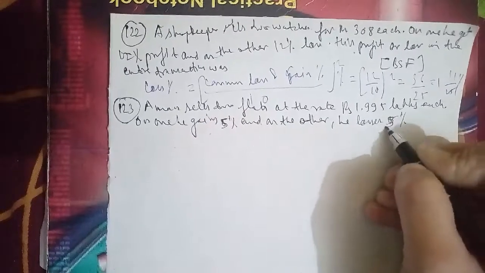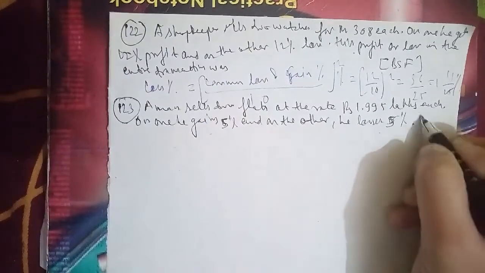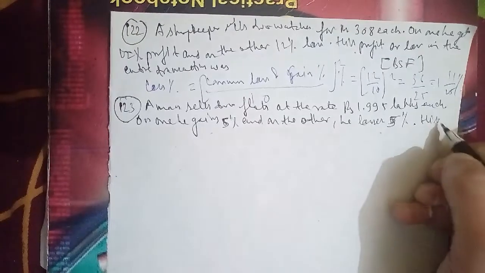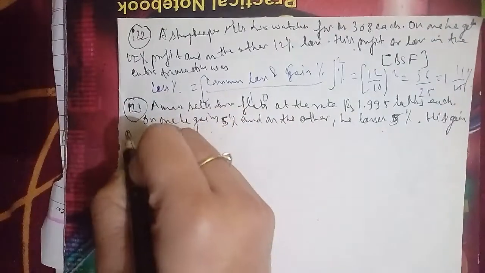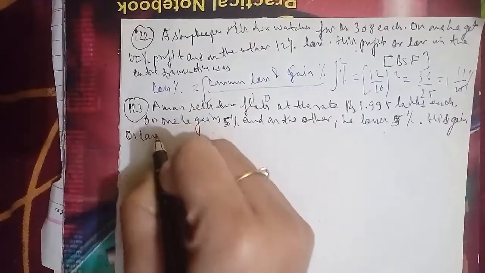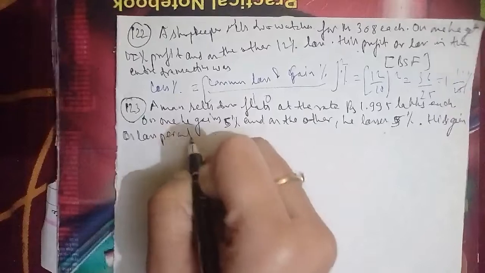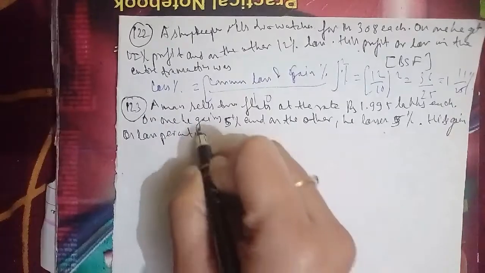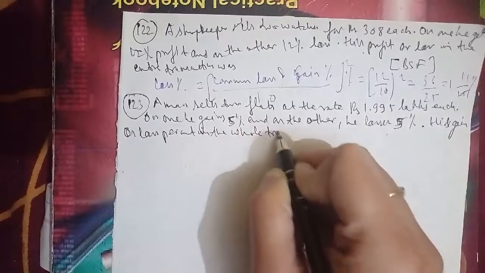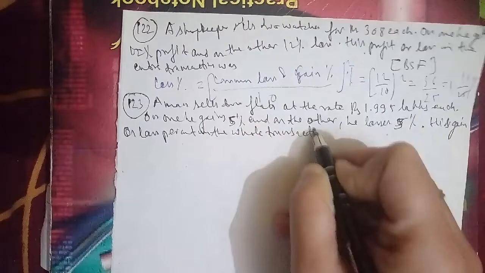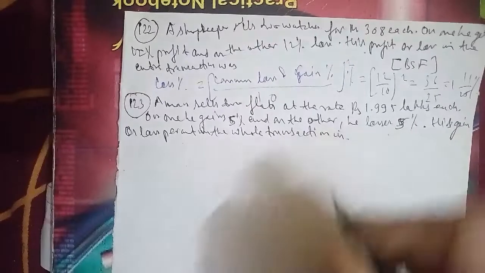So we go ahead for the same. 5 upon 10 squared equals 0.25% loss here. Now we go ahead for the next.